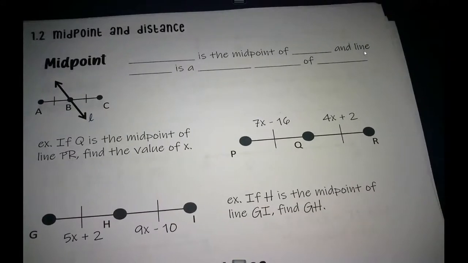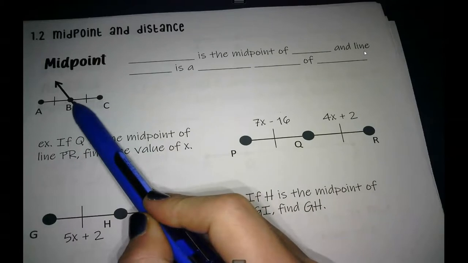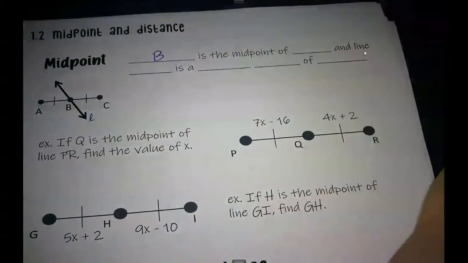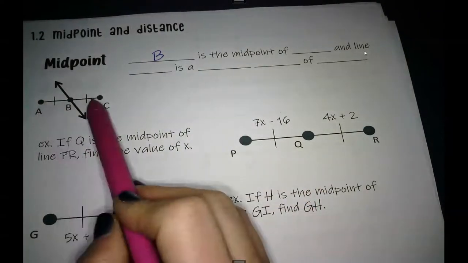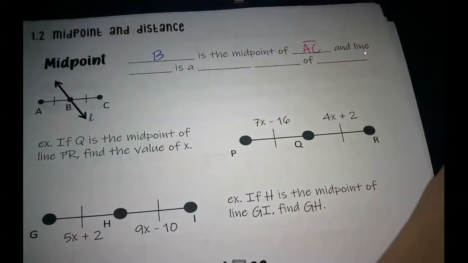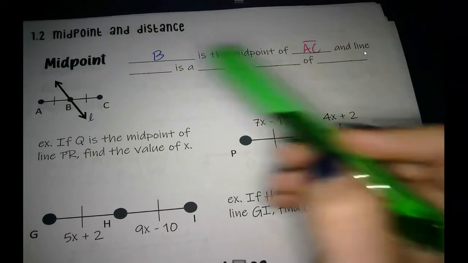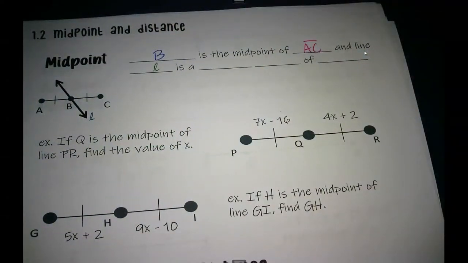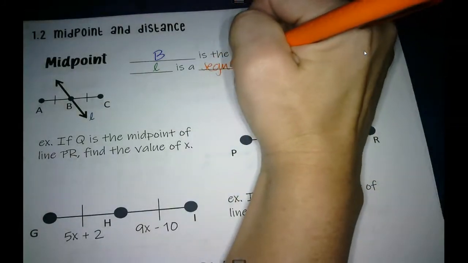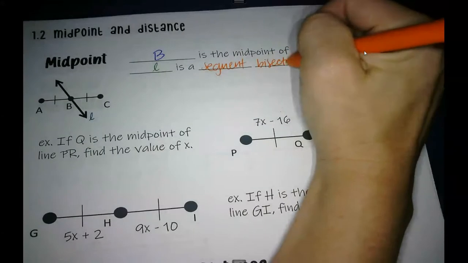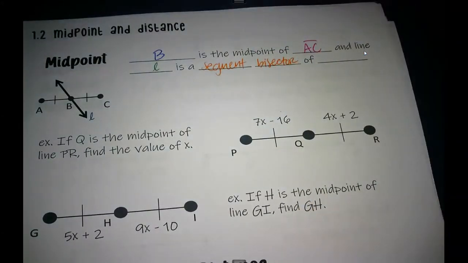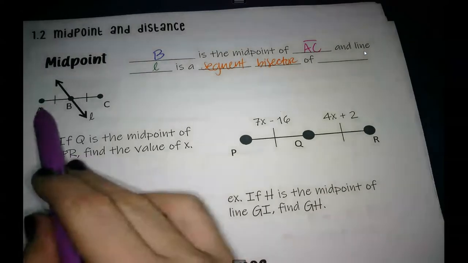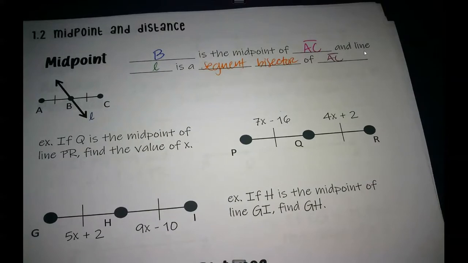And we can say that this point B is the midpoint of our line segment AC, and line L is a segment bisector of the segment AC.